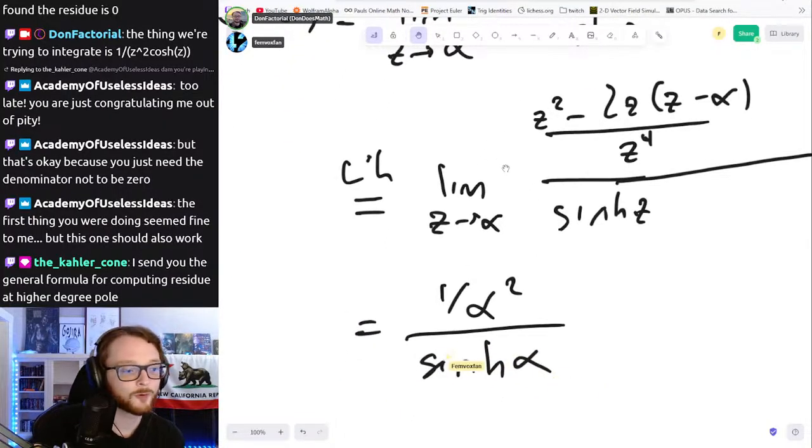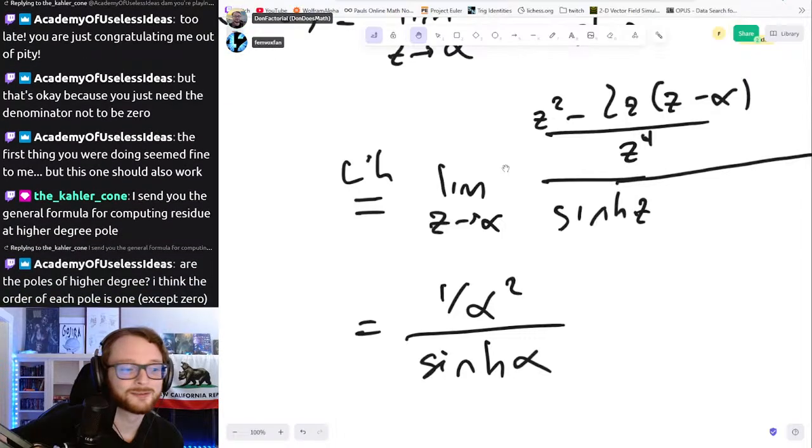I think we have that formula. I just don't know what the... We haven't really shown what the order of the pole is for cosh, though. If we're getting this right, I think we're getting lucky that it's a simple pole, but we haven't shown that. Well, lucky is my middle name. 1 over alpha squared over sinh of alpha.